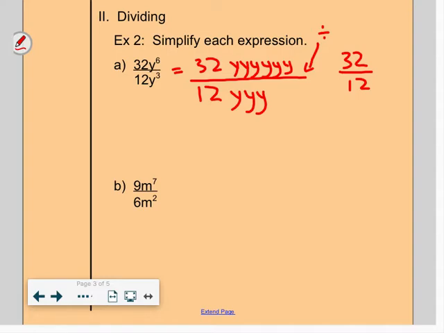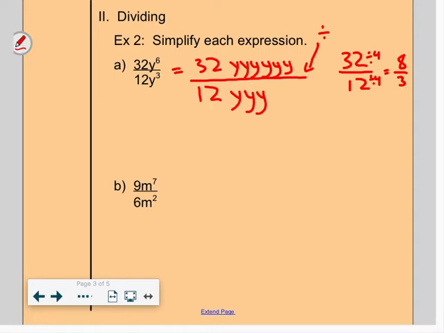So we ask ourselves, what number goes into both 32 and 12? The largest number that I know of that goes into both of those is 4. So I'm going to divide both of these by 4, and simplify that to get 8 over 3.